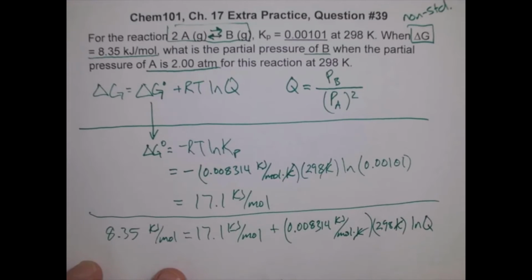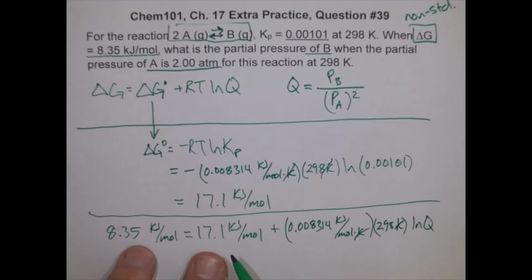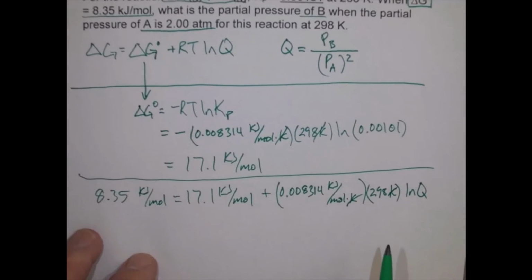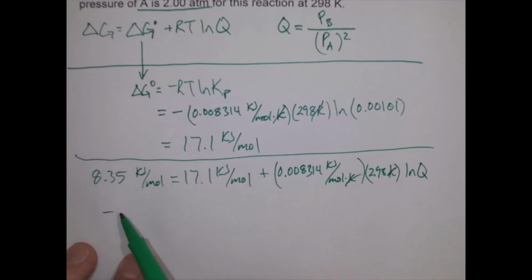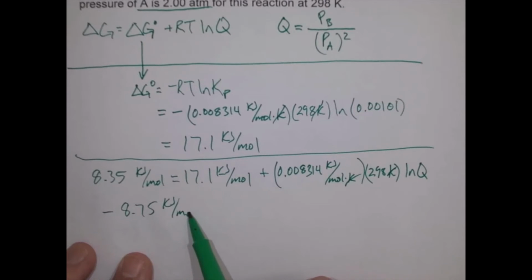When you do the math, you can move the 17.1 to the other side by subtracting 17.1 from each side, and you get a negative 8.75 kilojoules per mole.